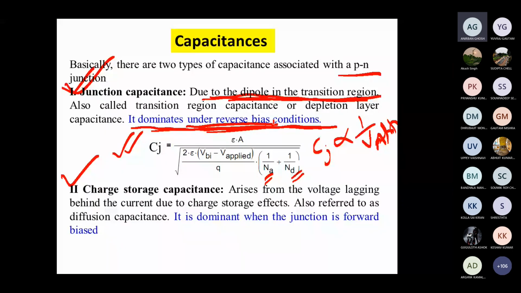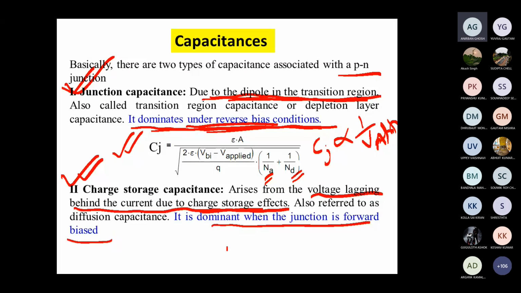And another capacitance is the charge storage capacitance. It is due to the voltage lagging behind the current because of charge storage effects. It is dominated when the junction is forward biased, but this value is very small, so we can neglect the charge storage capacitance.